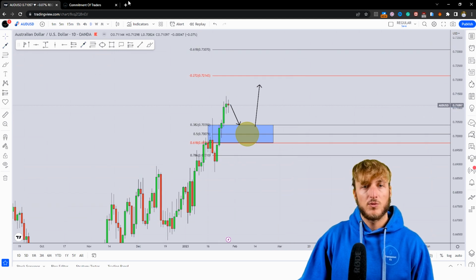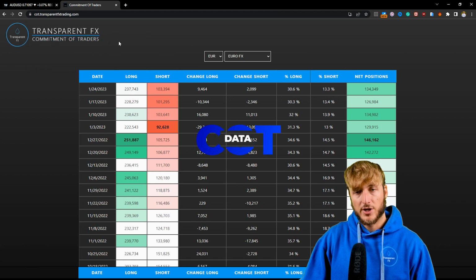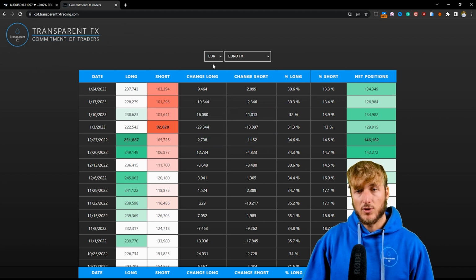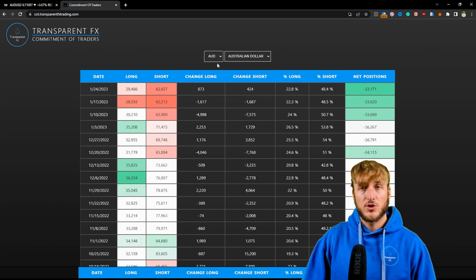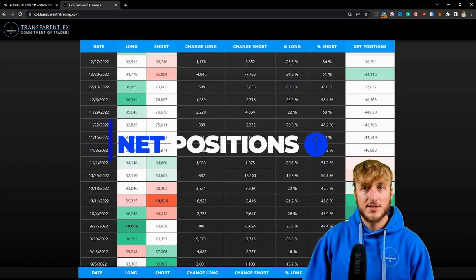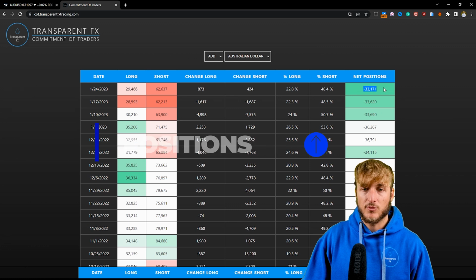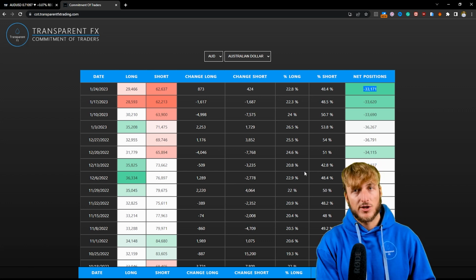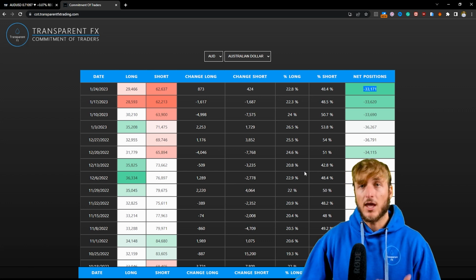Now, if we go and see what we have when it comes to the commitment of traders, so the COT data, which is what the non-commercials, so the biggest speculators in the market are doing, and we check the data for the AUD, we can see how with the last reports, net positions got increased. We went from minus 51k net positions all the way up to now having minus 33k net positions, which indicates that in the long term, institutions are starting to shift to the bullish side of AUD USD.